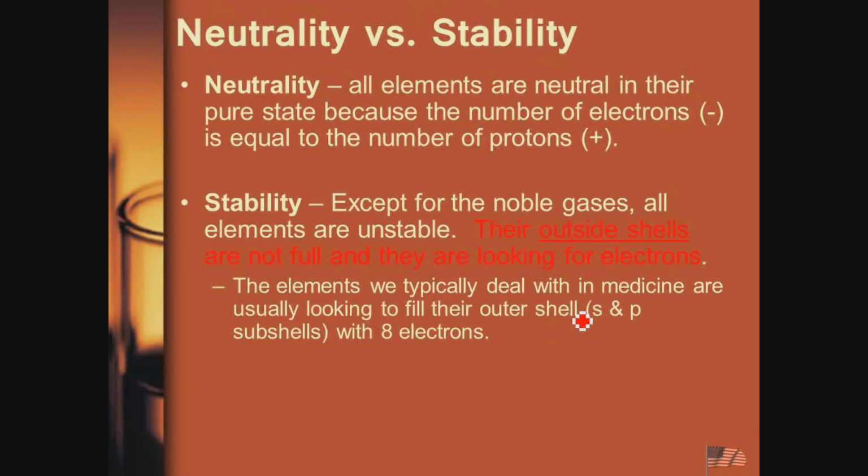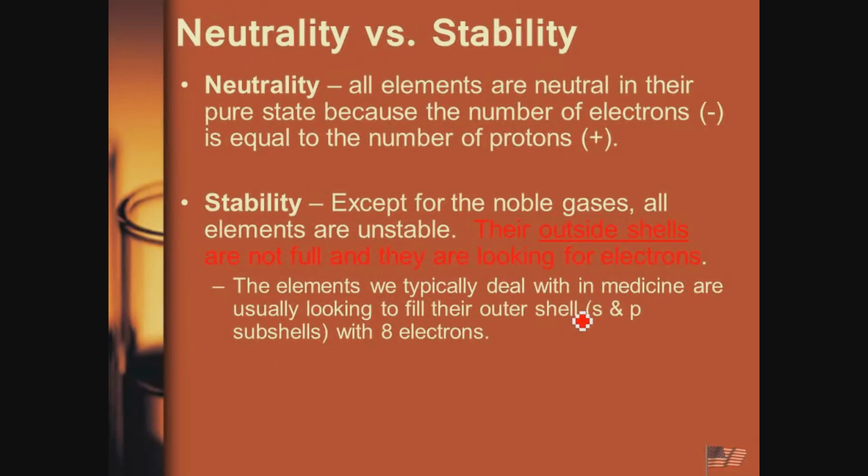When we were talking about this neutrality, we're talking about the fact that in the pure state, all elements have the same number of protons and electrons. Except for the noble gases, though, they don't like being that way. They would rather have their outside shells full in some process, and they will do what they can to lose electrons or gain electrons to get there.